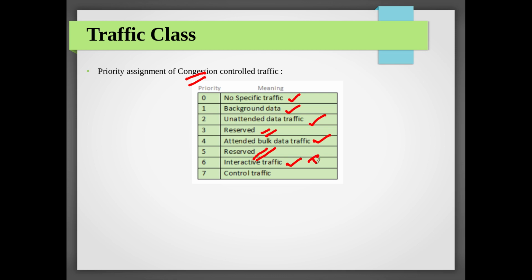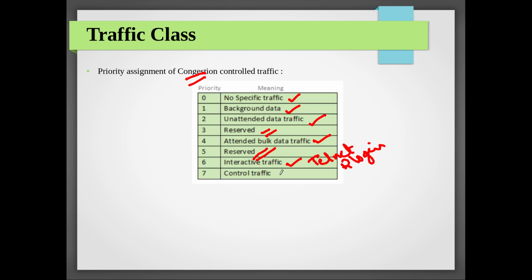Say using Telnet or remote login, you are accessing a remote machine interactively. So for such an application, it is not a kind of attended bulk traffic. Here there is nothing like bulky data. Data is a normal kind of transfer only, but interactive. Both the sender and receiver are simultaneously looking at the data.